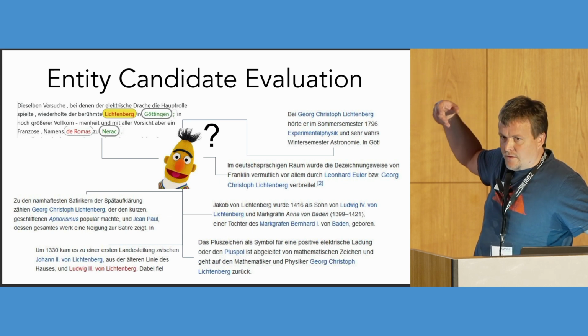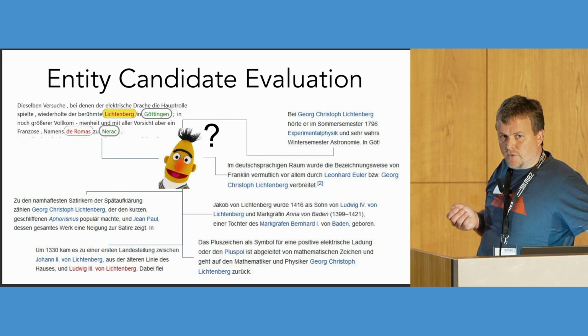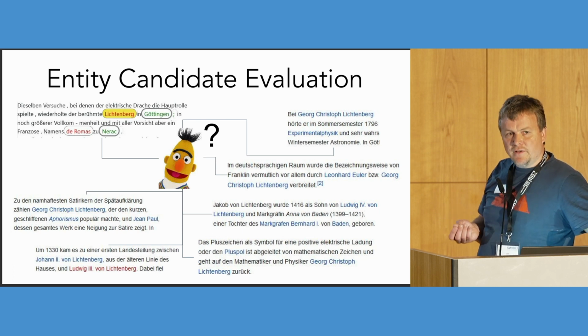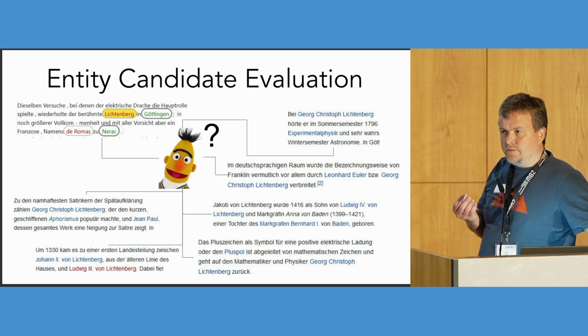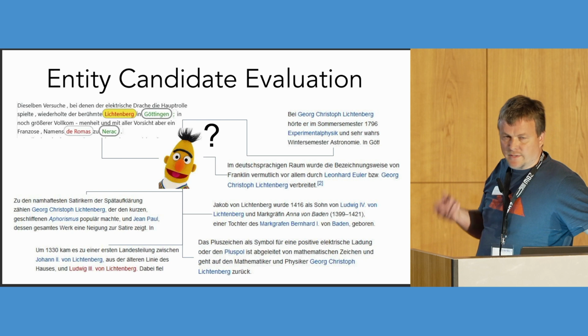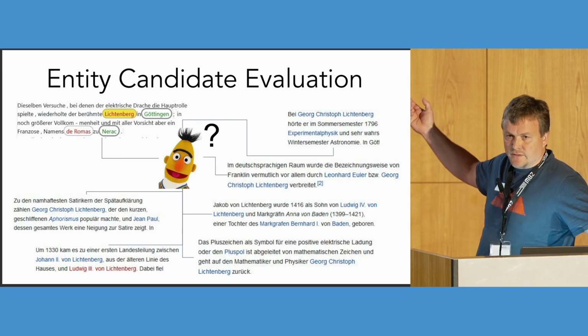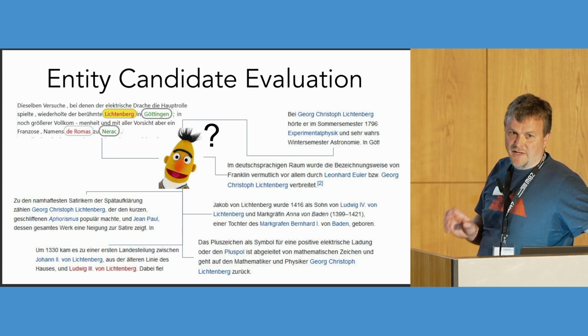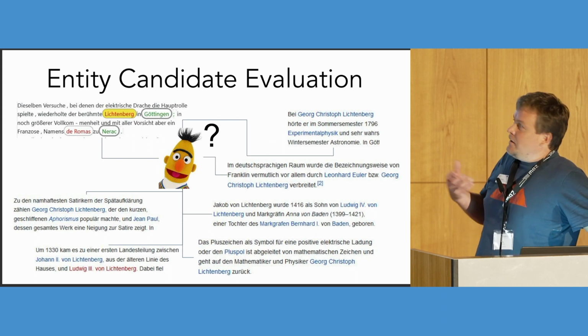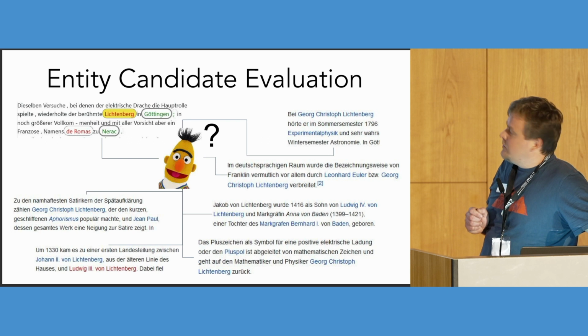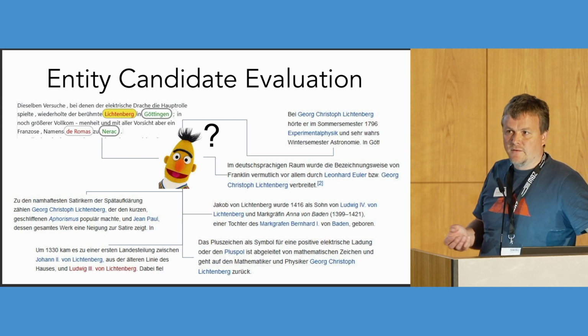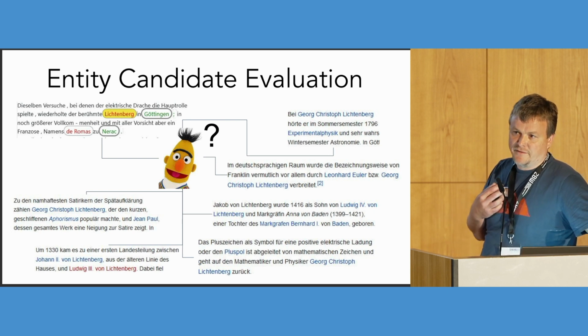And the output of the BERT model is a probability of both sentences, so the sentence in question and the sentence from Wikipedia, talking about the same thing. This is basically the output of the BERT model that has been trained on Wikipedia sentences to answer that question.